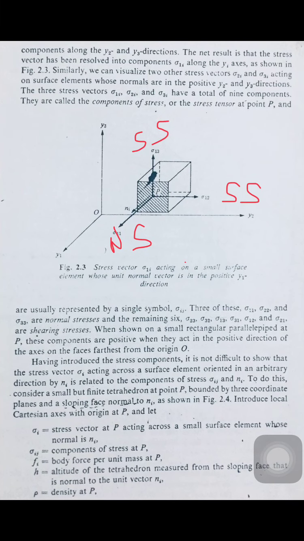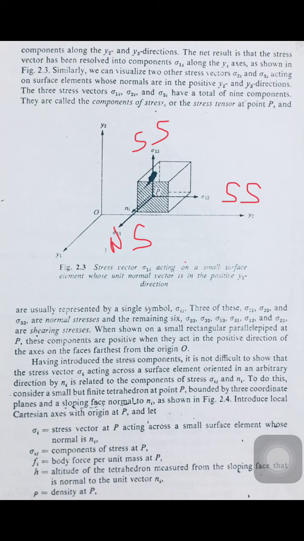Sigma i is the stress vector at P acting across a small surface element whose normal is Ni. Sigma ij is the component of stress at P, having two kinds: normal and shearing stress.